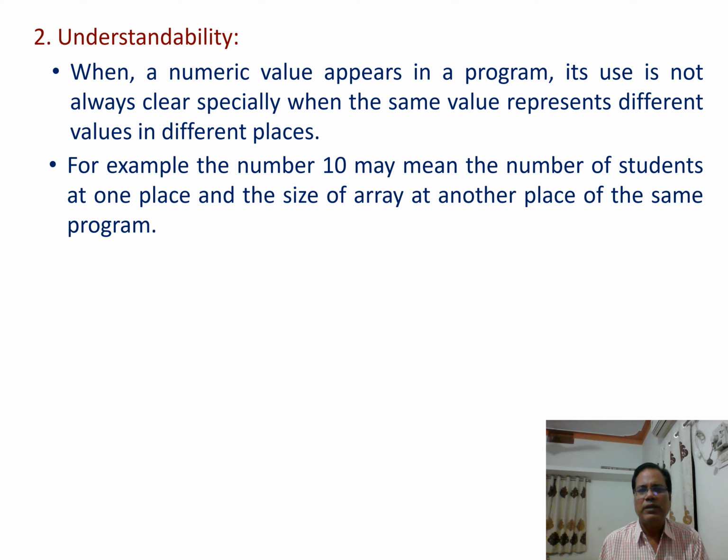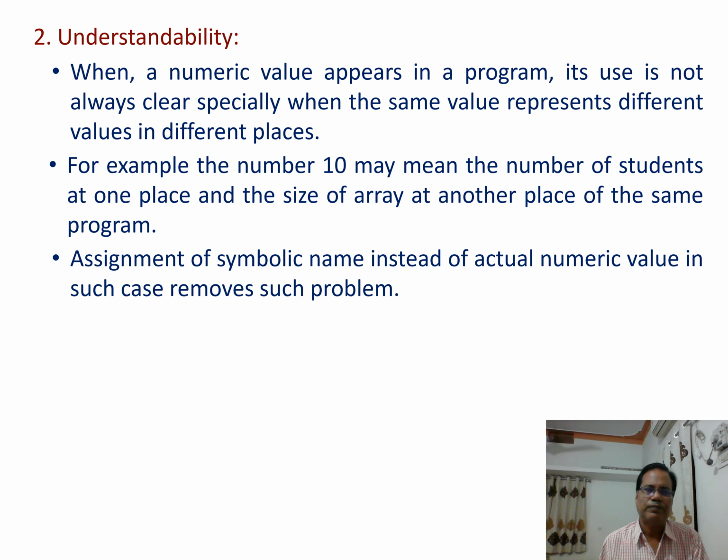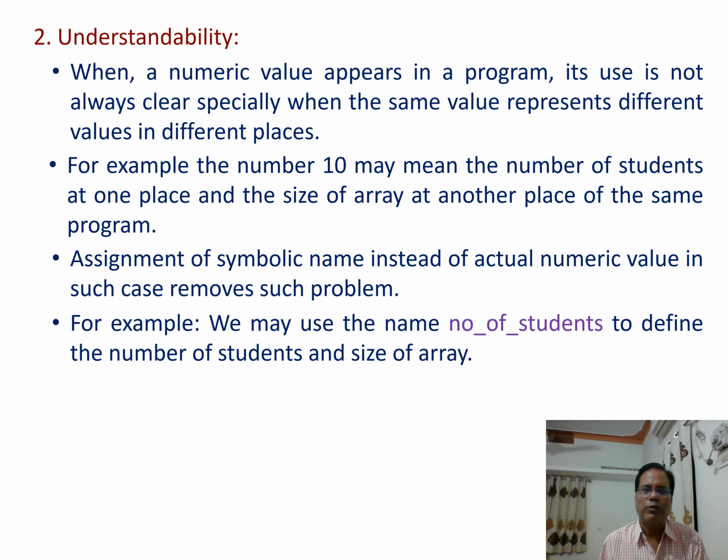For example, the number 10 may mean the number of students at one place and the size of an array at another place in the same program. Assigning a symbolic name instead of the actual numeric value removes such a problem. For example, we may use the name students to define the number of students and the size of the array.